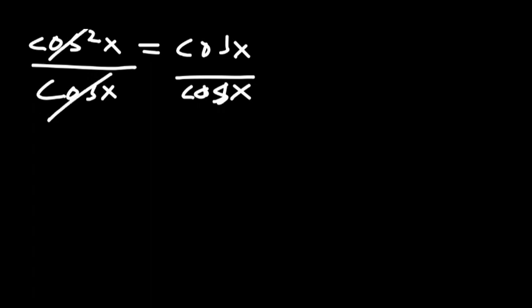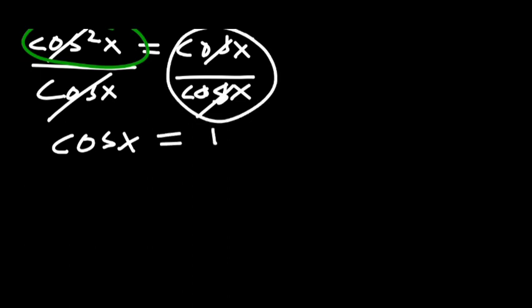When we divide, we remain with cos x, because this is cos squared x, and dividing by cos x leaves one cos x. On the other side, we remain with 1. So now we find the angle where cos x is equal to 1. So x is equal to cos inverse of 1.